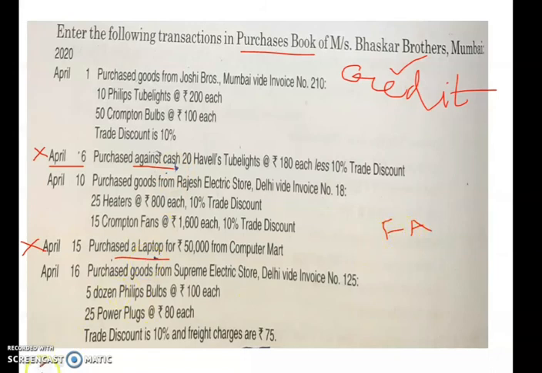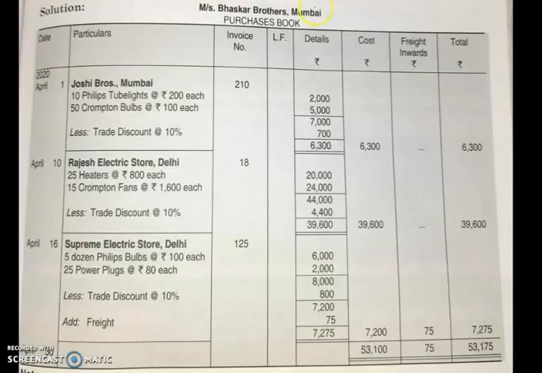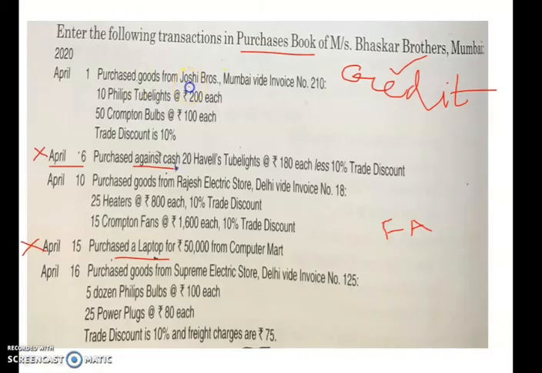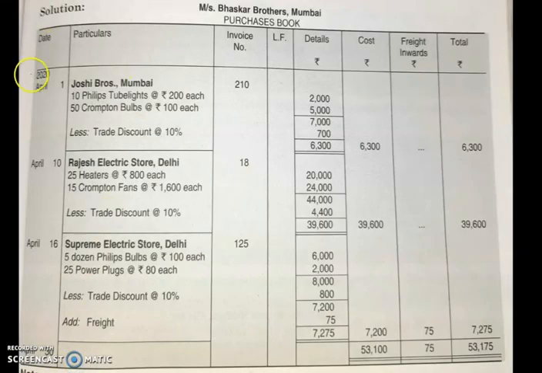The other items shown in this problem: you have to prepare a purchase book in which, when you are purchasing from Joshi Brothers, you will record it separately as Joshi Brothers. You can see the date is given, and the name of the party from whom you have purchased these goods is given separately.